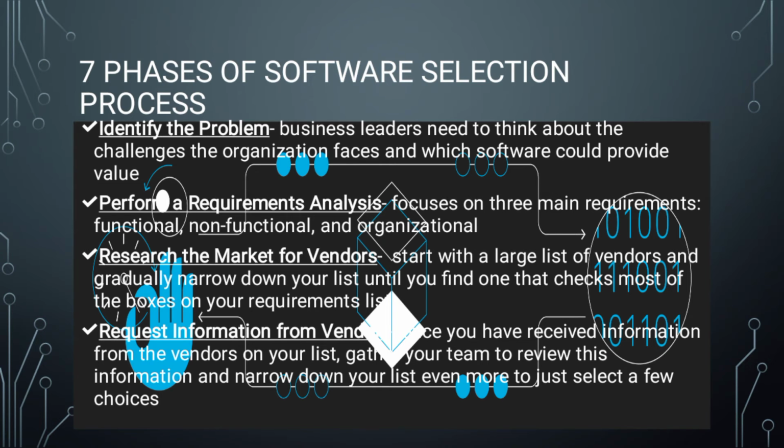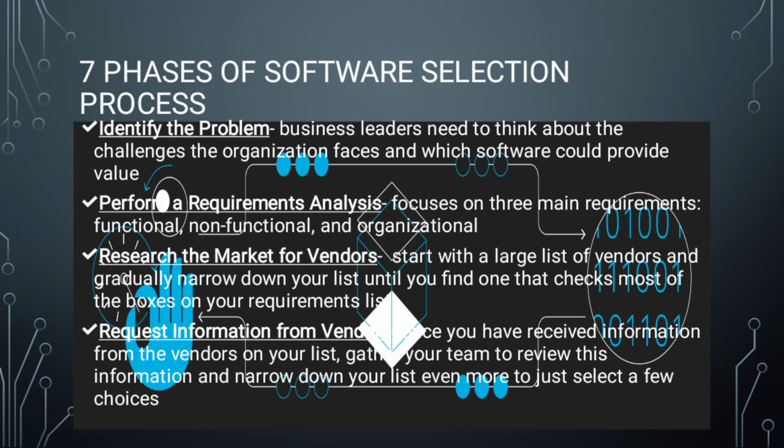First, we have identify the problem. Too often organizations make the mistake of rushing through a software selection process without really focusing on the purpose of each phase. The first phase is one of the most important, and sets the tone for the rest of the process.